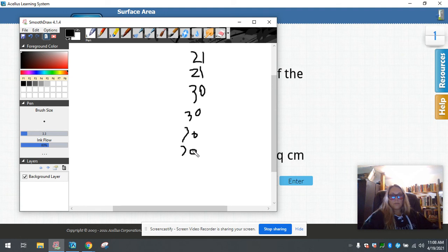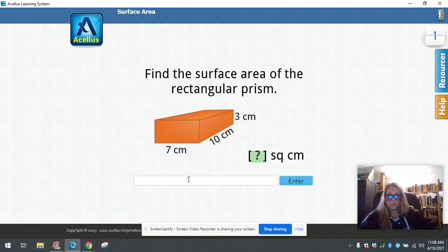So then I have all of my areas for each side, and I'll just add them up. 2, 4, 7, 10, 16. So I have 162 centimeters squared, or 162 squared centimeters.